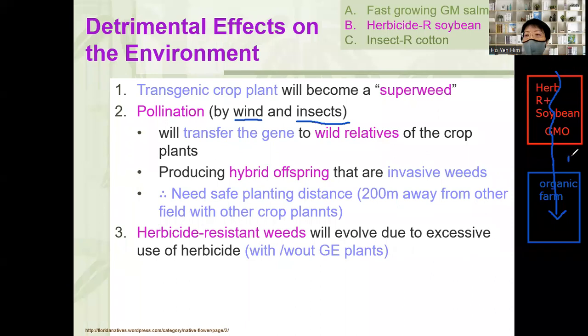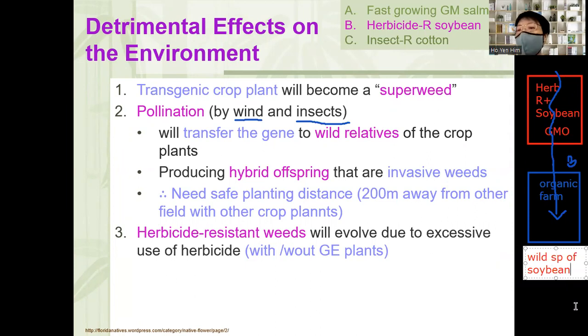Okay, and the insect carries with it the pollen from this GMO, and then goes and crosses, means interbreeds, with a wild species of soybean in her organic farm.